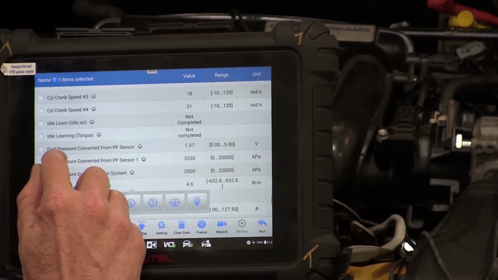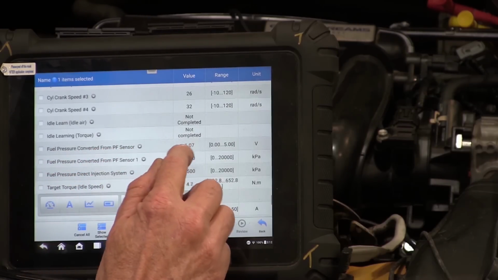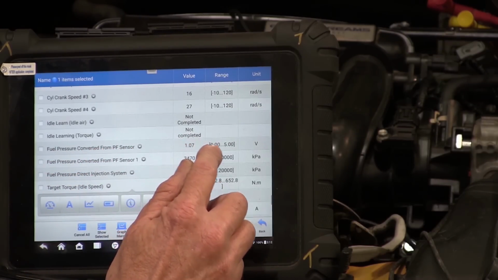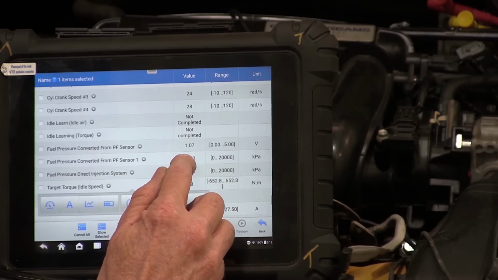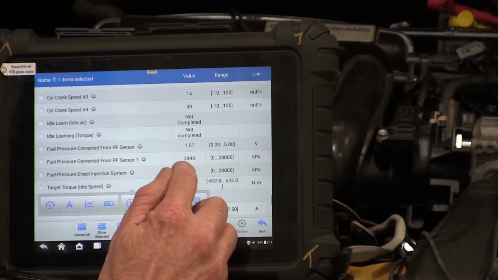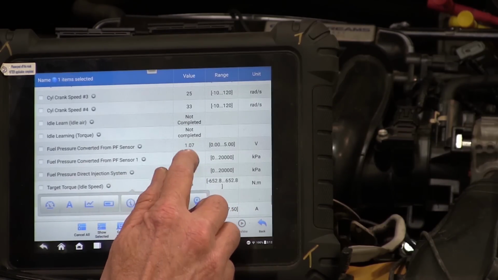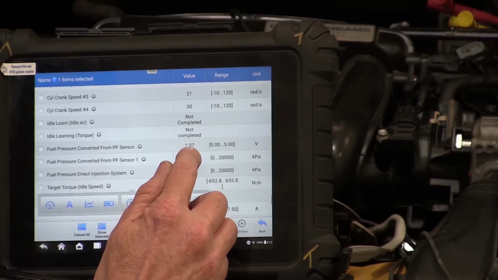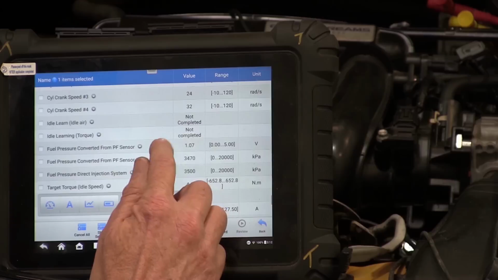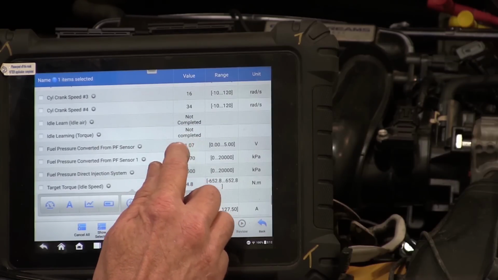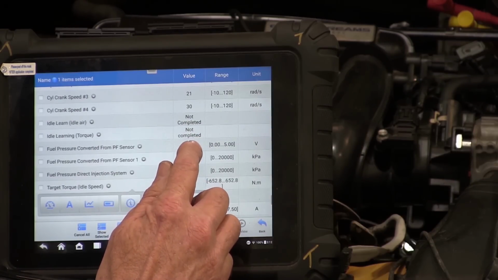Okay, so here we've got the fuel pressure from the PF, 1 volt, that's what we saw on the oscilloscope. 3,400 kPa, that's 500 PSI. That's commanded, that's actual. So it's reading the command and actual. Now what I'm not sure of is whether this sensor could be misreading, in other words, that's not 500 pounds at 1 volt.